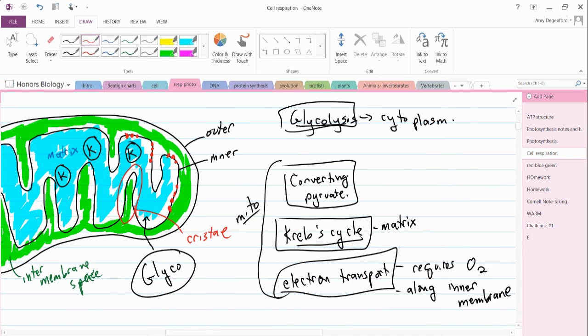Now, glycolysis does not require oxygen, and so it is called anaerobic. No oxygen required. The Krebs cycle doesn't need oxygen, but it will shut down if there is no oxygen.